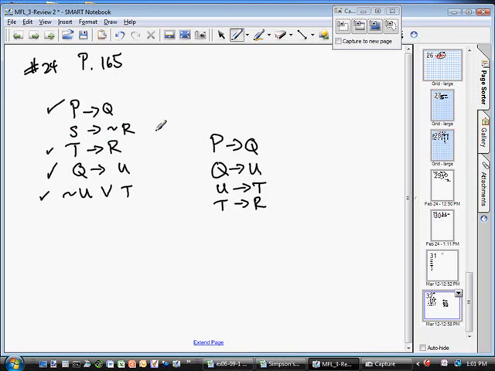Couldn't I use the contrapositive of that? And the contrapositive of this is, you guys remember contrapositives? If R, then not S. And look at, oh my goodness, it fits perfectly on the end. We have a wonderful little chain reaction here. And the bottom line is, if you start with a P, you will end with a not S, and like was pointed out, that would be your conclusion. You could put a little therefore there. So there's one of those problems.